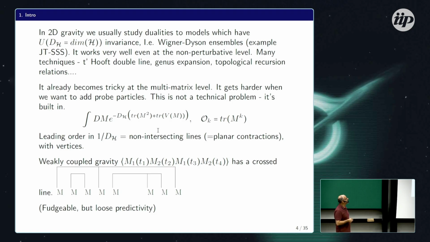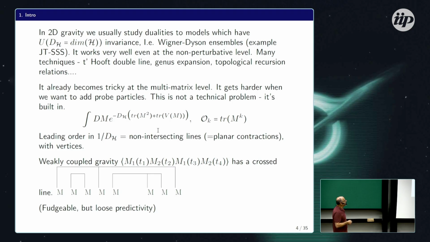It works very well even at the non-perturbative level, and there are many techniques. Essentially, the double line is what we're familiar with, but all of these are ingenious elaborations on it. It becomes tricky at the multi-matrix level.